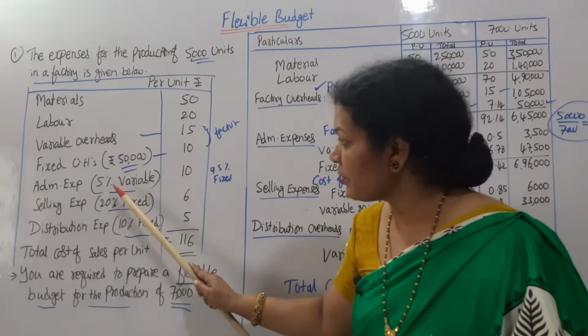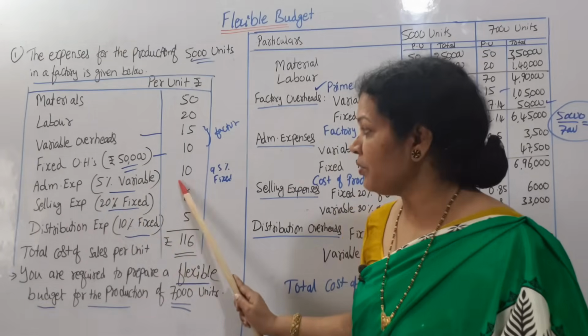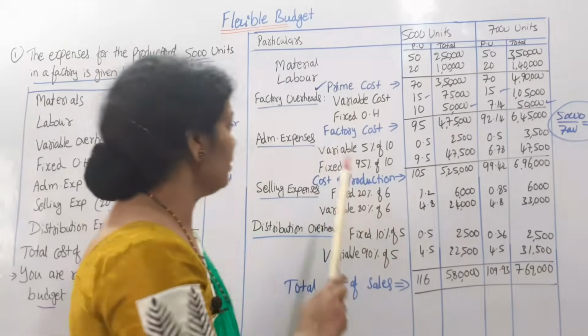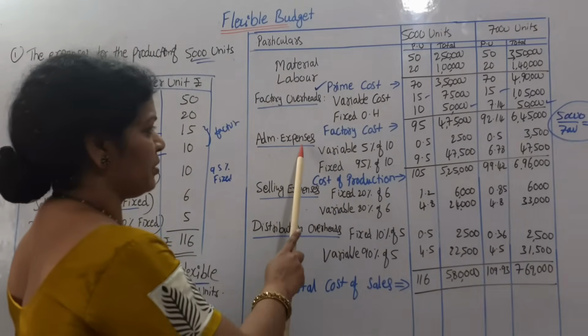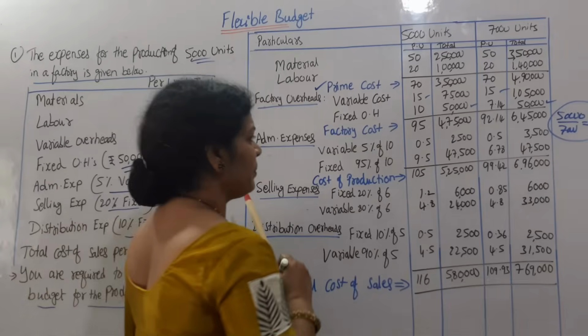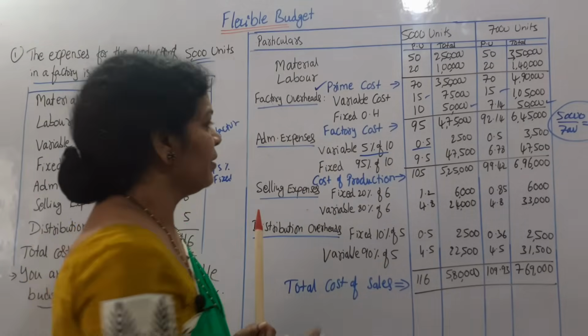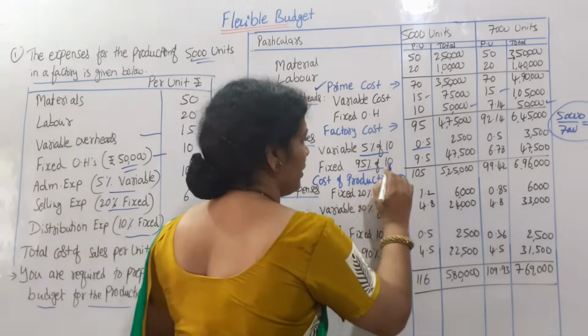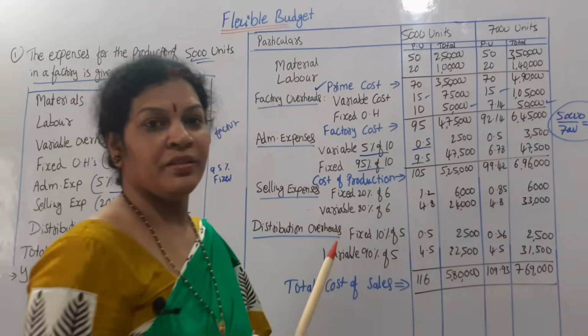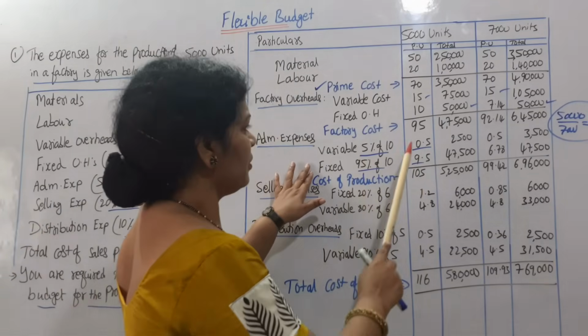So what I have written here? Administrative expenses. Variable is 5% of 10. 5% of 10 is 0.5. 95% of 10 is 9.5.